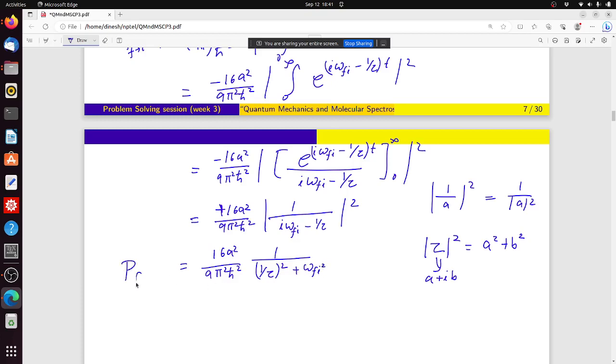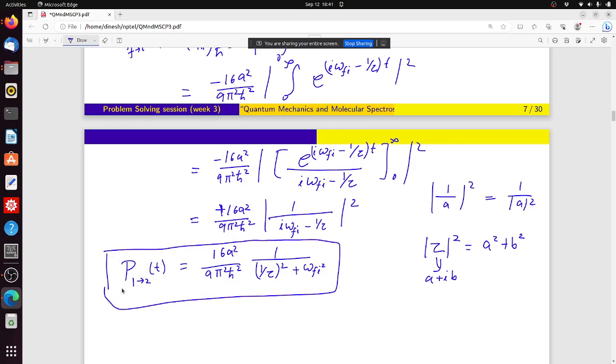So this is the probability of transition from state 1 to state 2, right? So this is the final answer.